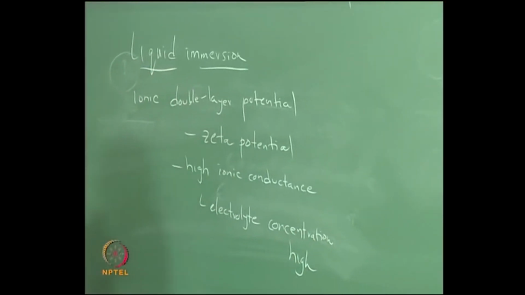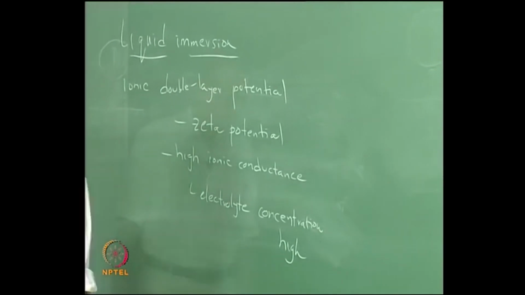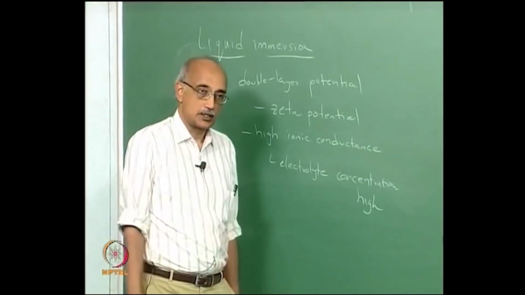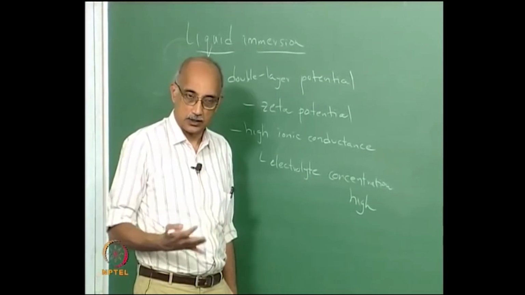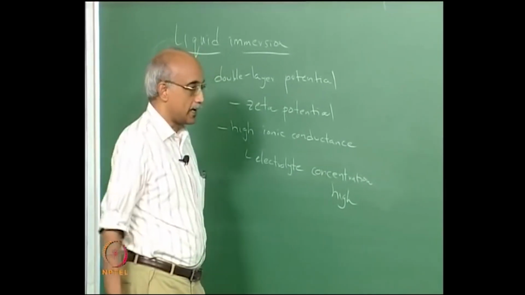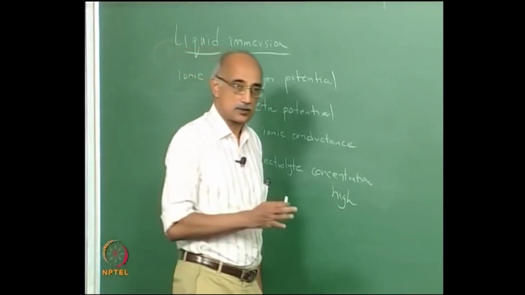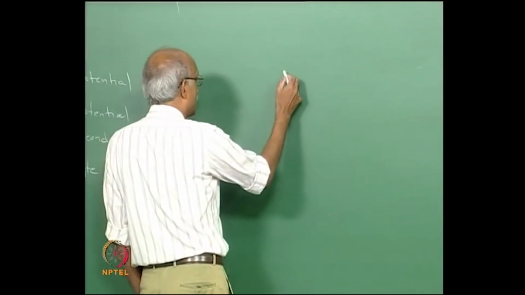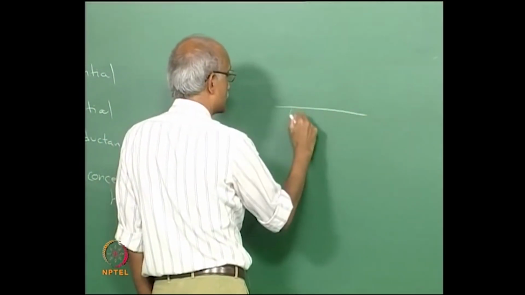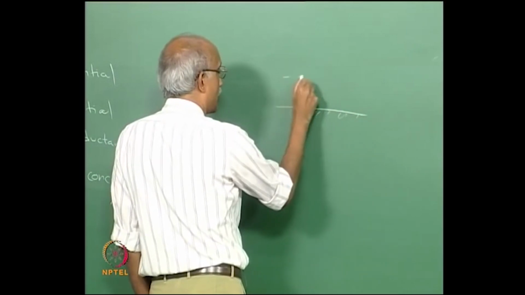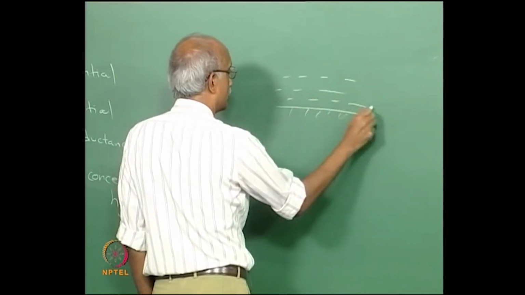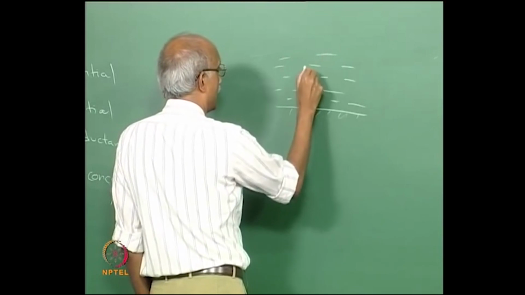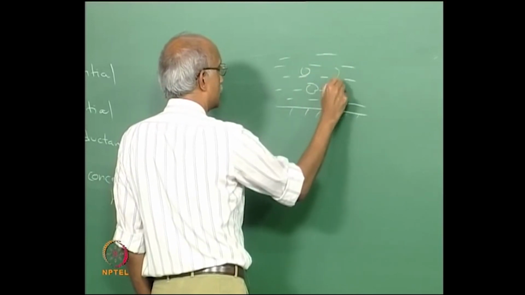So, when you prepare an electrolytic solution in which you have a large concentration of ions that are dissolved in the solution, what happens is a distribution of these ions. So, let us say that you have a situation where you have a surface and on top of that you have a liquid, and in the liquid you have particles.